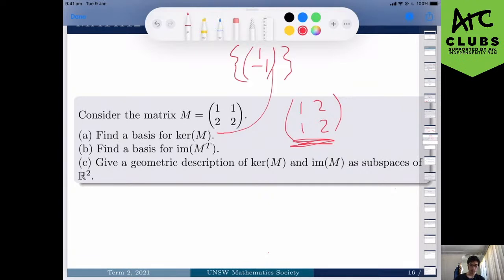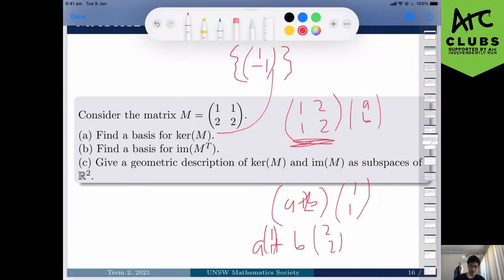If we do the same thing as before, where we multiply it by A, B, we get A plus B, times 1, 1, which is just a scalar multiple. So as a basis, we just have that.